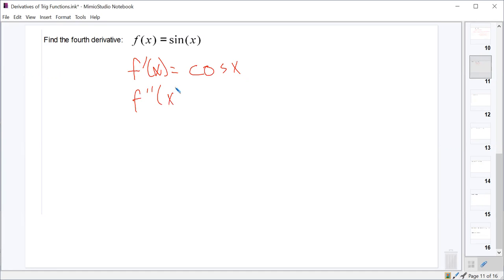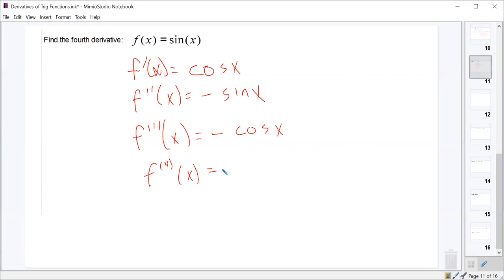Second derivative should be negative sine. Third derivative should be negative cosine. And the fourth derivative should be sine x, back to sine x.